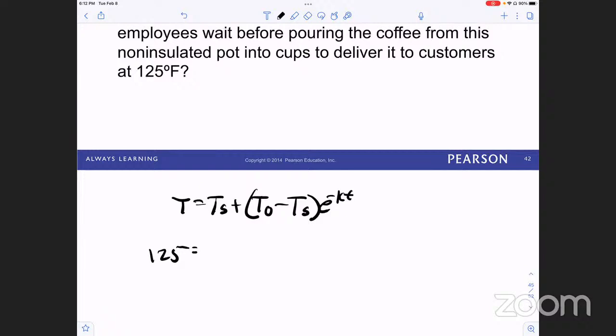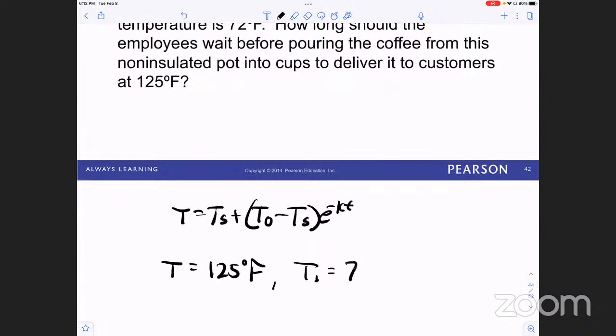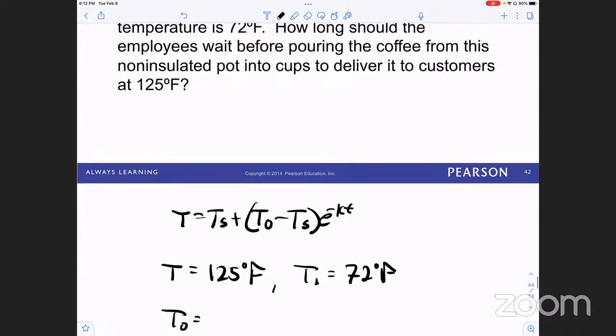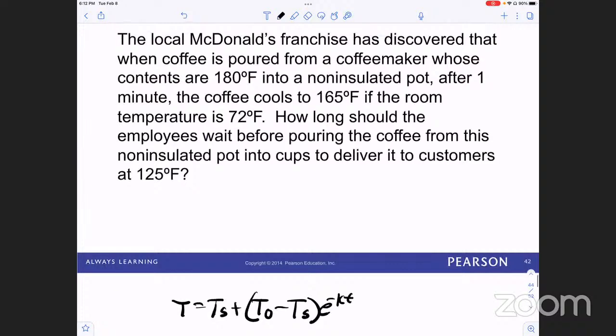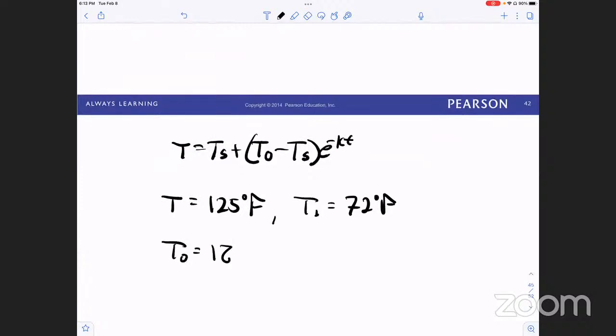Before I plug these in, let me write out everything. The desired temperature is 125 degrees Fahrenheit. The temperature of the surrounding is 72 degrees Fahrenheit. The temperature at the start looks like it's 180 degrees Fahrenheit.